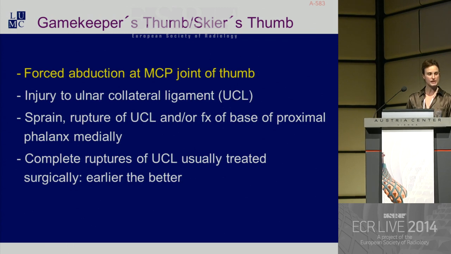The rupture of this ligament can be partial or total, and it's important to make the correct diagnosis. I will say that in the first week after the trauma, I will start with ultrasound.